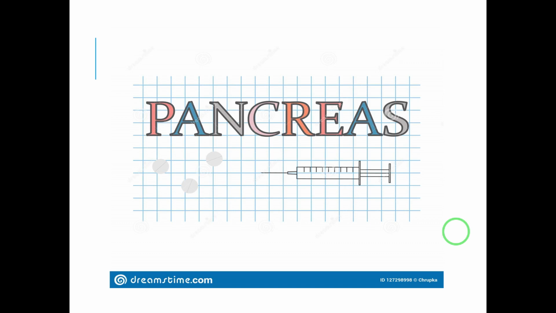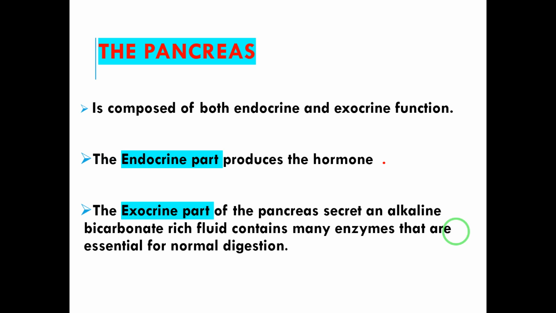The pancreas is composed of both an exocrine part and an endocrine part. The endocrine part is responsible for the production of important hormones. An example is insulin, which is very important as a carb or glucose lowering hormone. And we have glucagon, which is also important in carb metabolism.